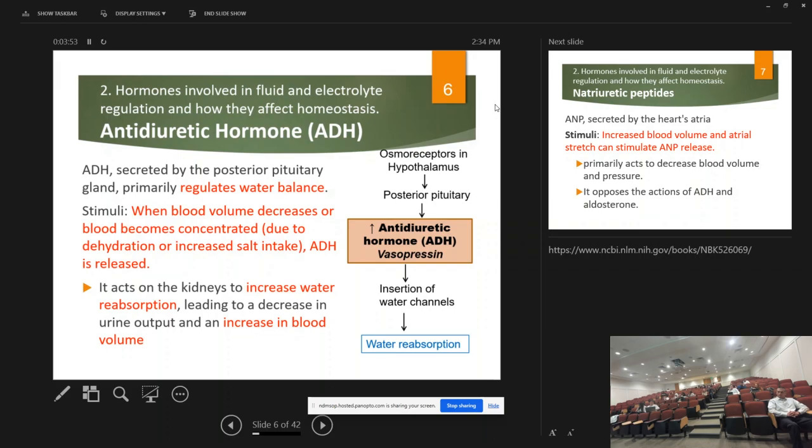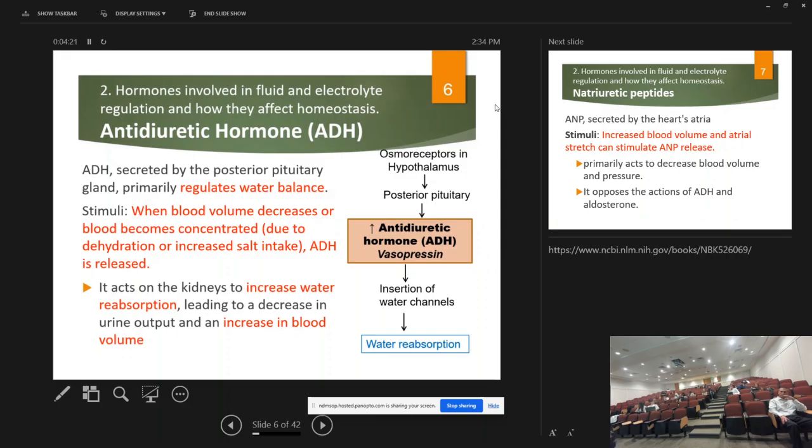Now we talked about bringing the sodium back, because the stimulus is low sodium, so we release aldosterone. Now we also need to worry about the volume. How would you increase the reabsorption of water? Through another hormone, the antidiuretic hormone. We all have learned about this hormone as well, and in the body we also call it vasopressin.